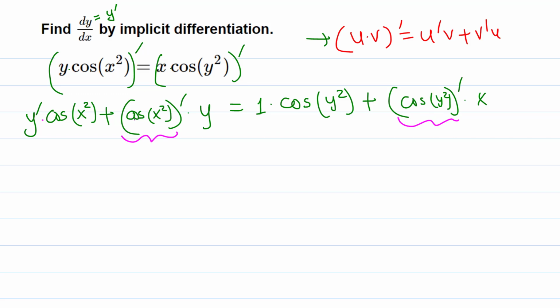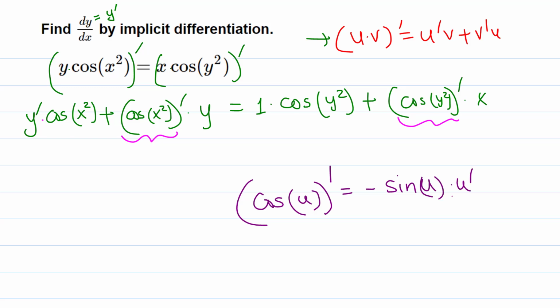As we know, for cosine of some function of x, when we find its derivative from the chain rule, it is negative sine u, that's the inside function, times u prime. Same thing. So let me go and do that. y prime is y prime because that's what we are trying to determine in this question.